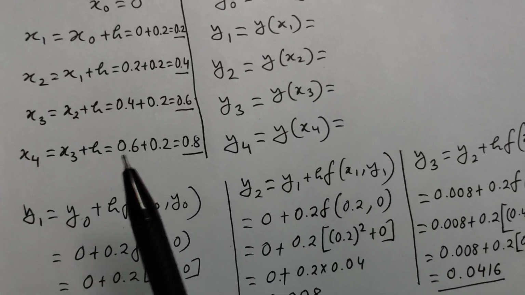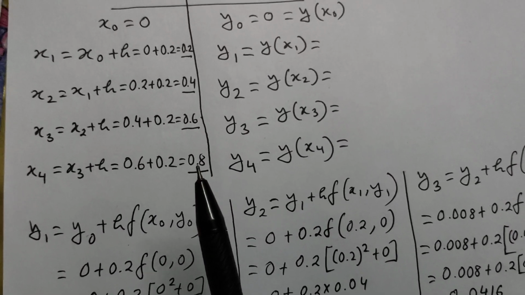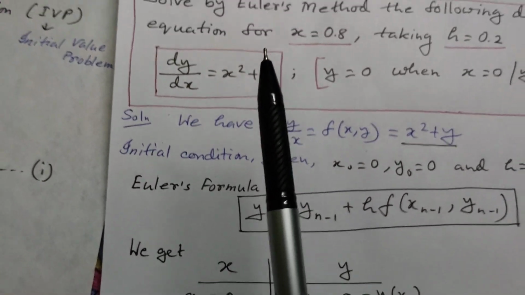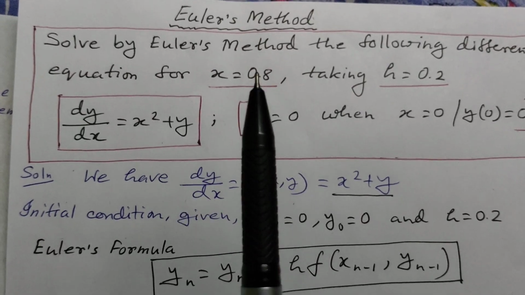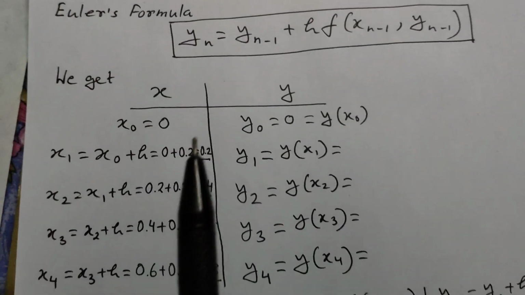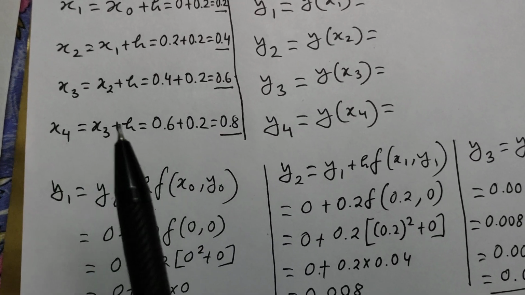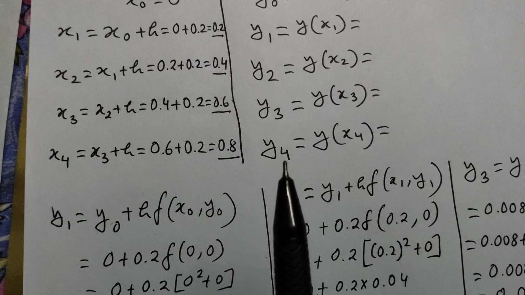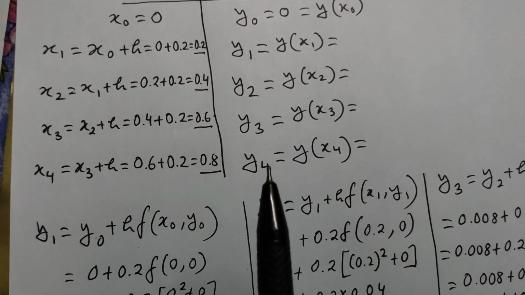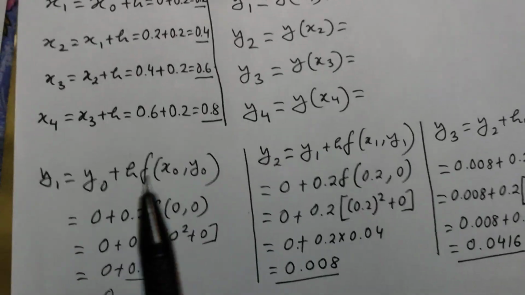Now see, the value of x now becomes 0.8, and as per the question we have to find the solution for x equals 0.8. So as we have already got 0.8, we'll stop our operation for x here and we'll go for y4, right? So for y4 we have to calculate one by one, y1, y2, y3 and y4, right?